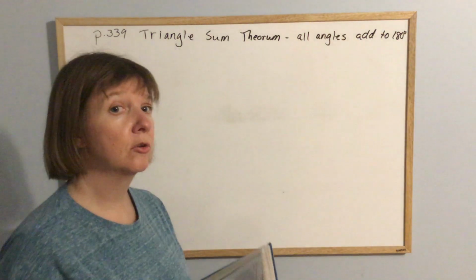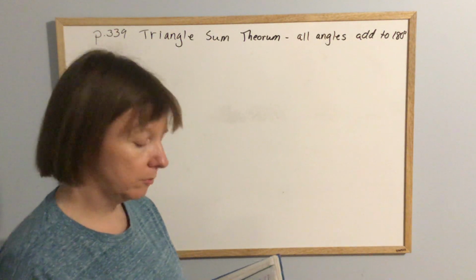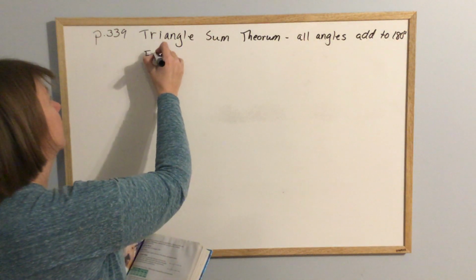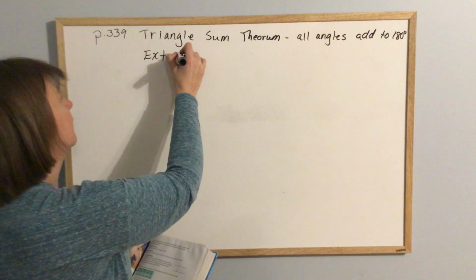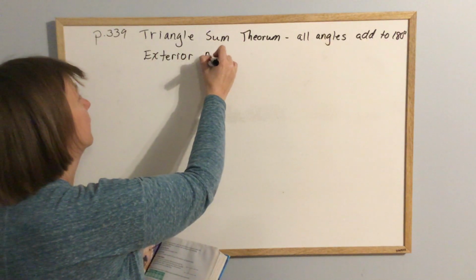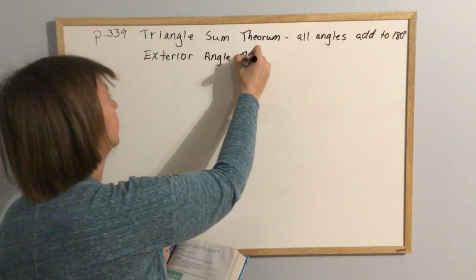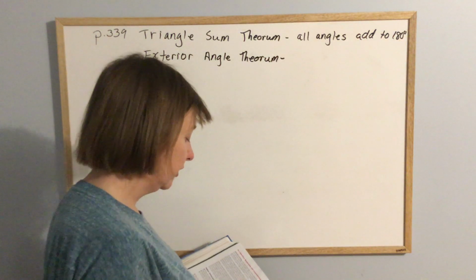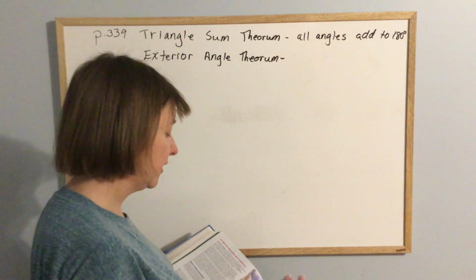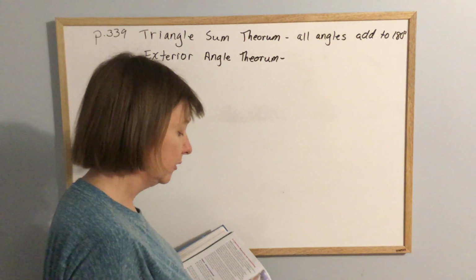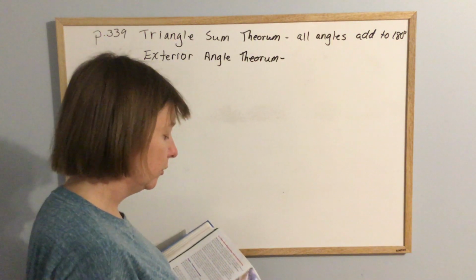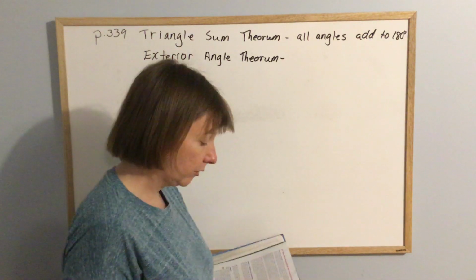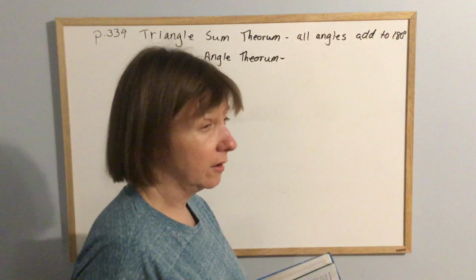That is the triangle sum theorem, so nothing big there. But then there's also the exterior angle theorem. The exterior angle theorem says the exterior angle of a triangle is equal to the sum of the interior opposite angles. So I want to talk about that a little bit.